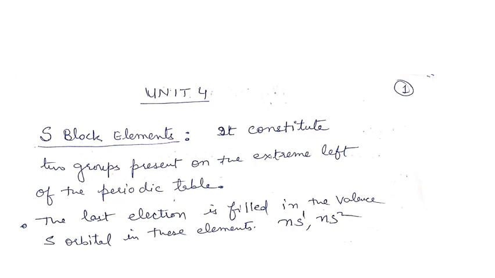And if the last electron enters the F subshell, it goes to the F block element. This is the classification on the basis of electronic configuration. So on the basis of which subshell the last electron enters, we can understand whether they are S block, P block, D block or F block elements.